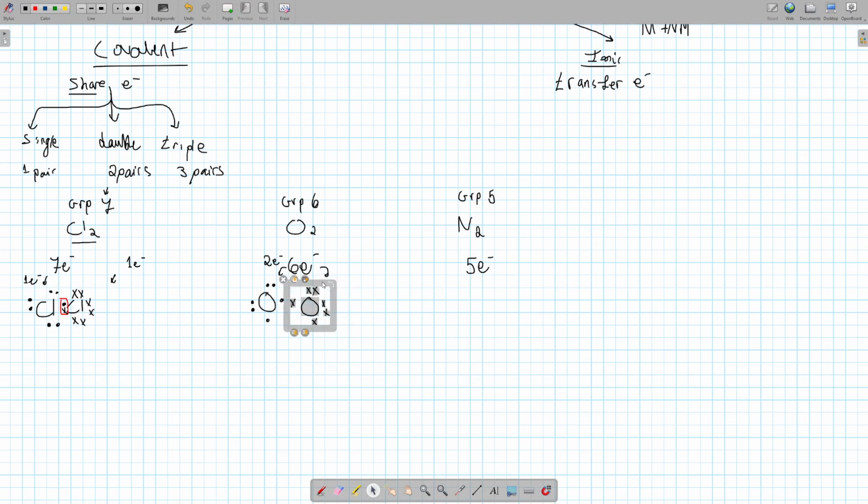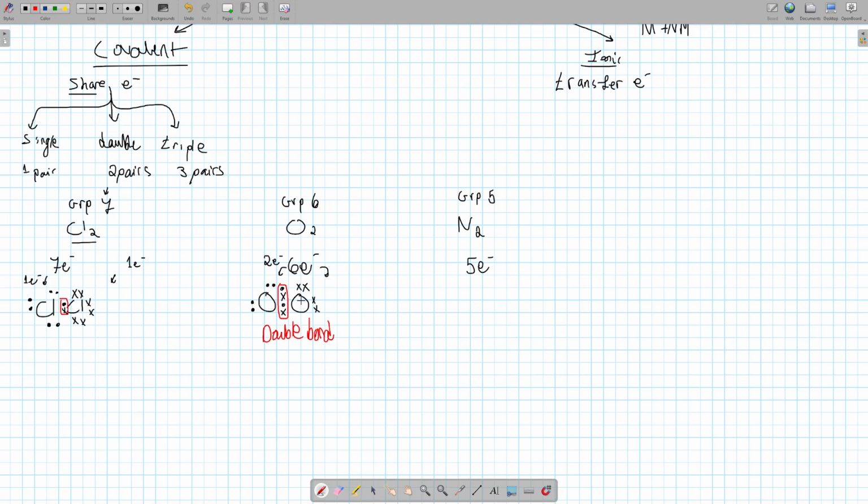It goes all the way towards it and forms a connection over here. Like this. What do we have here? We have 4 electrons now being shared, which means it's a double bond.